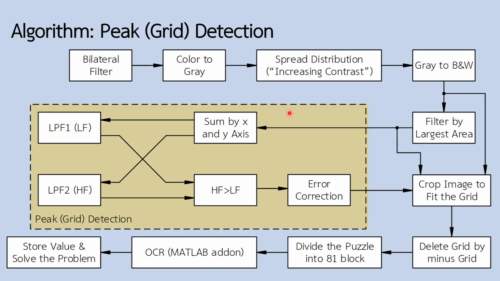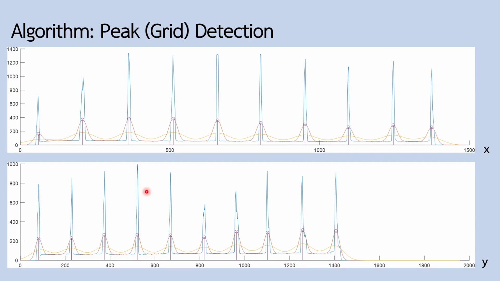Now we get to detect the peaks here. In order to detect the peaks, we sum along the x-axis and y-axis as shown here. You can see the blue line is the summation with respect to the x-axis.